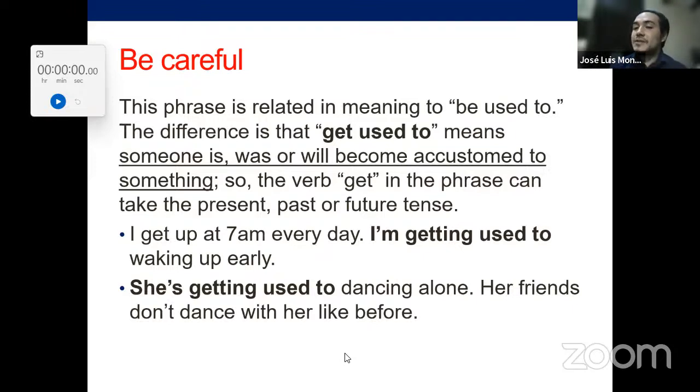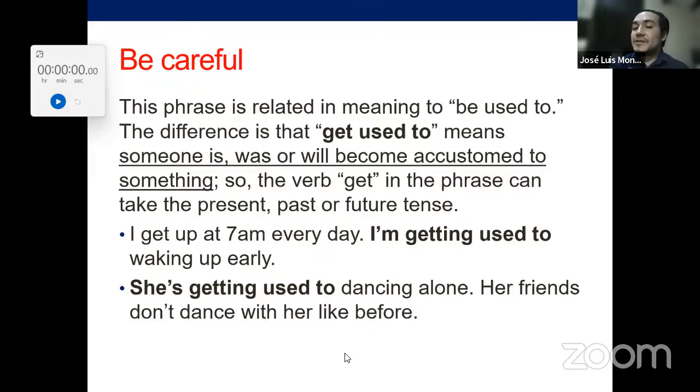It's in the process of getting to be common, but it is not yet. But again, it depends on the tense that you use. This is very commonly used in the present continuous, as you can see in these two examples, because it has that idea of becoming, converting, transforming into a new state. All right, so there you go.